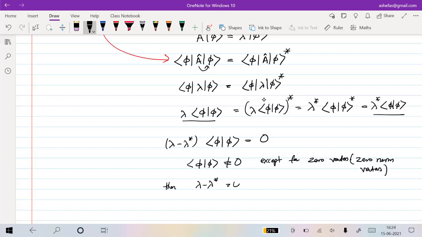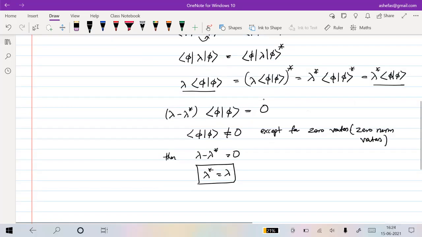Then in order to satisfy this condition, the only possibility is lambda minus lambda star equal to 0, or lambda star must be equal to lambda. That is, the complex conjugate of the scalar must be equal to the scalar itself. This is true only if lambda does not have a complex part.